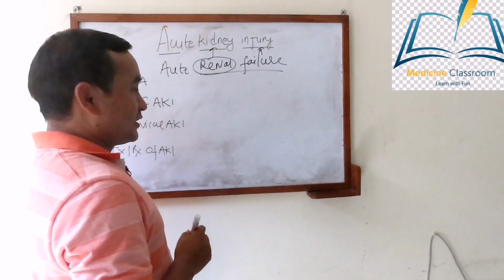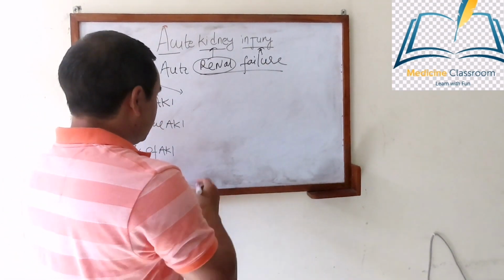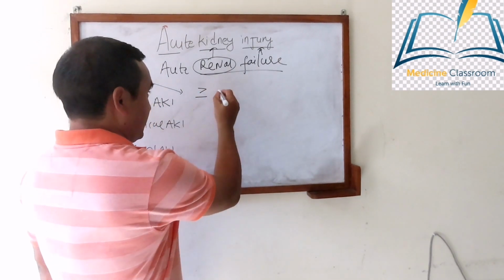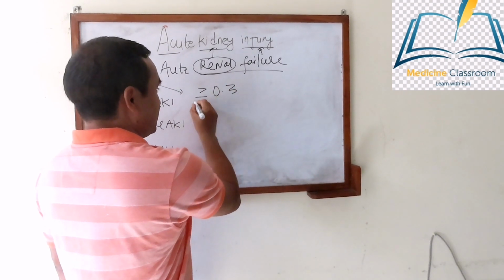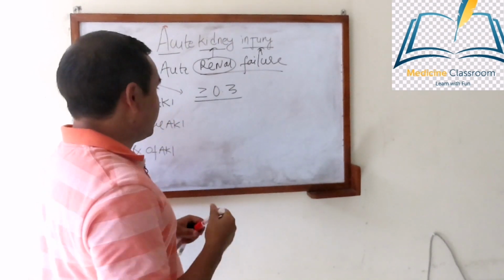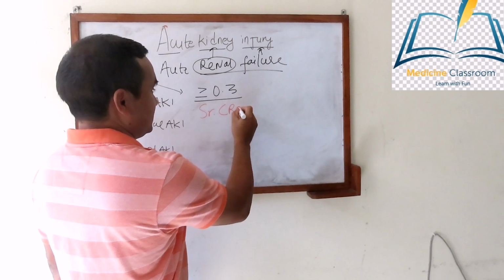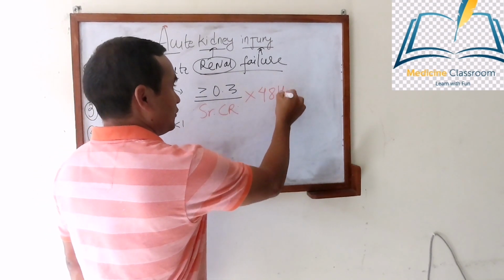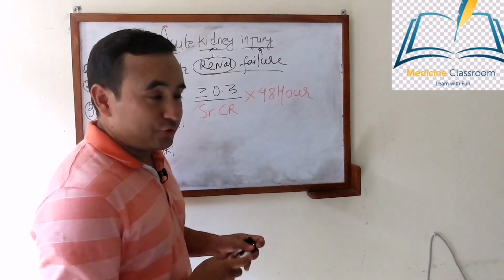To define acute kidney injury, we have criteria. If someone has an increase in serum creatinine value of 0.3 mg within 48 hours, then that is called acute kidney injury.